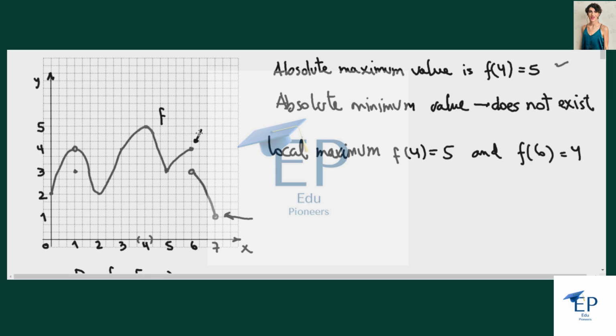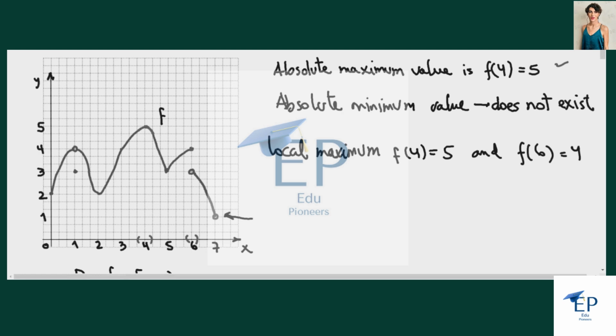So the image of 6 is 4, and that's a local maximum, let's say this point. Sorry, I wanted to mark the point in green.